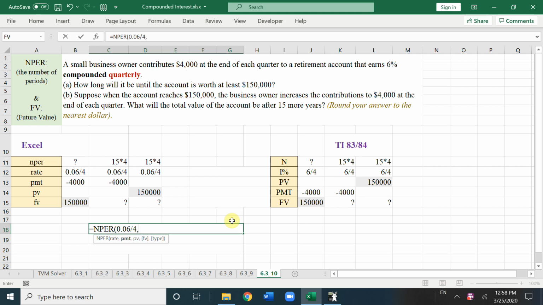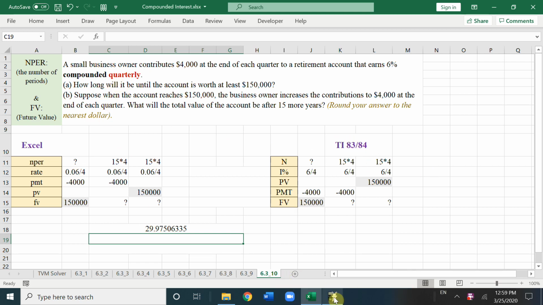Then payment is negative 4,000. And the PV is 0 because not given. FV is 150,000. Then because it's at the end of each quarter, we directly hit enter. So you get the first answer, 30 quarters.